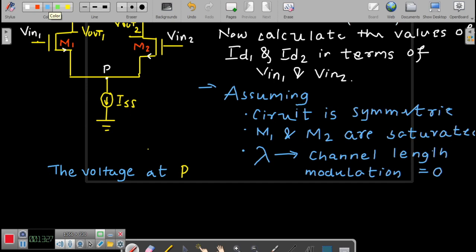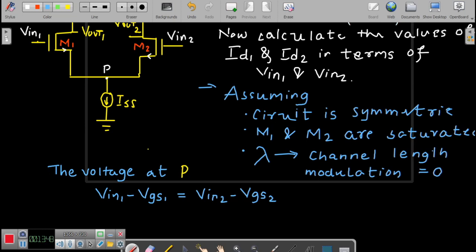Am I right? Vin1 minus VGS1, which is also equal to Vin2 minus VGS2.